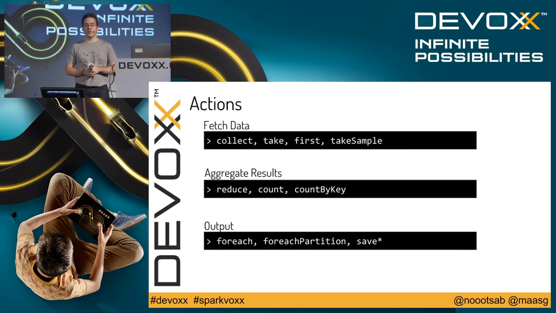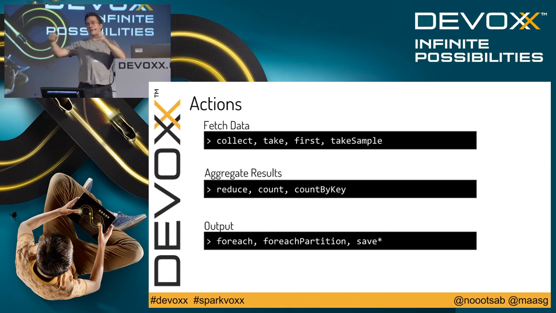Then you have actions. Some of them are to fetch the data. Once you have an RDD, you need to call one of these actions and you get the data from the RDD materialized. So collect brings all the data back into the driver and into the driver code that you wrote. Take, first, they all take a small piece of data.